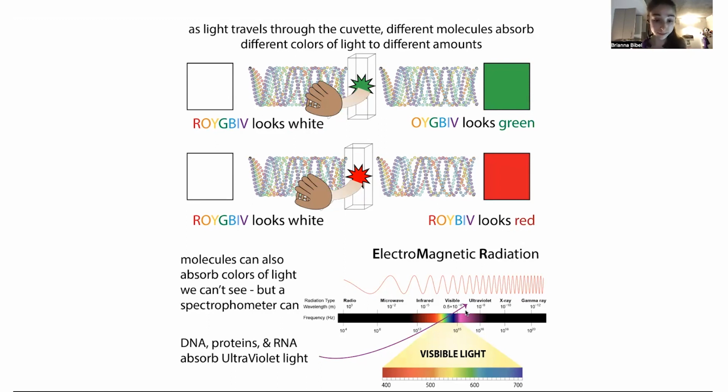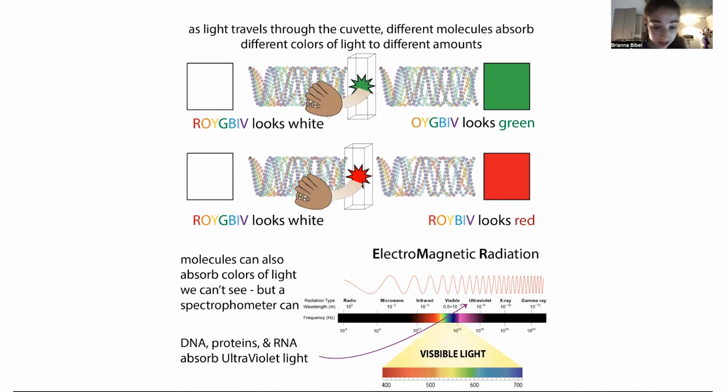And so often when we're talking about biological molecules, we're looking at the absorption of UV light, because proteins and nucleic acids tend to absorb ultraviolet light. And so we can measure UV light to get information about the concentrations of the various molecules.